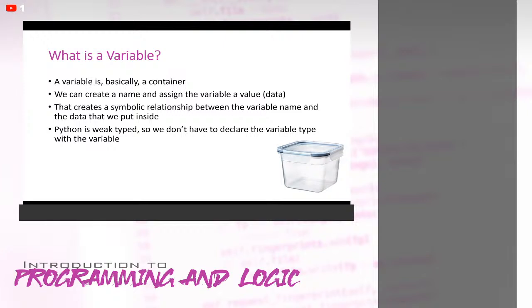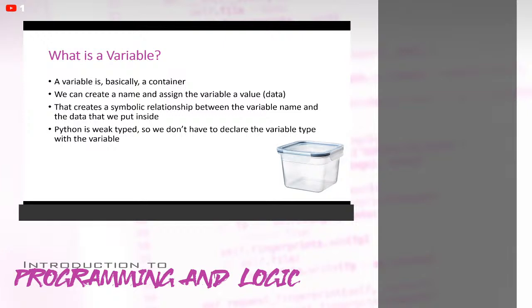Now, at the core, the important thing about both the variable in math and the variable in programming is that it can be anything. That's kind of why we call it a variable. It can vary. We can change it from one part of our program to another part of our program.